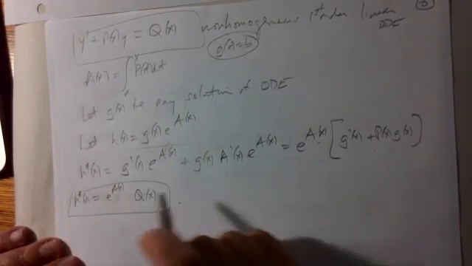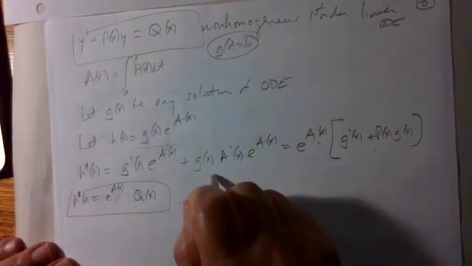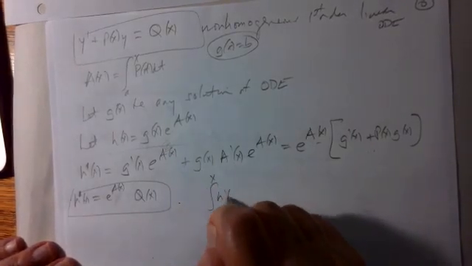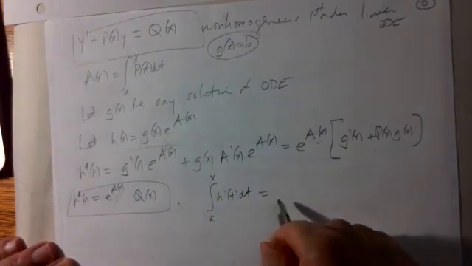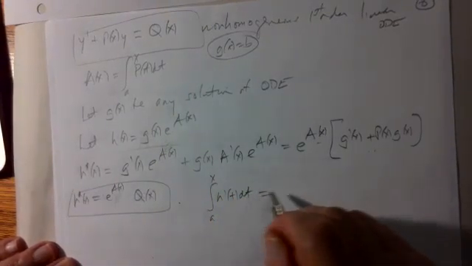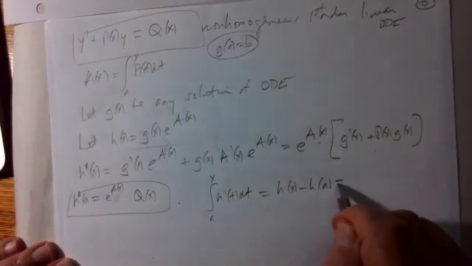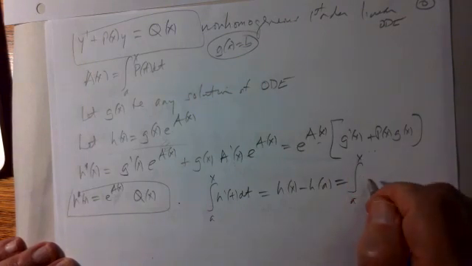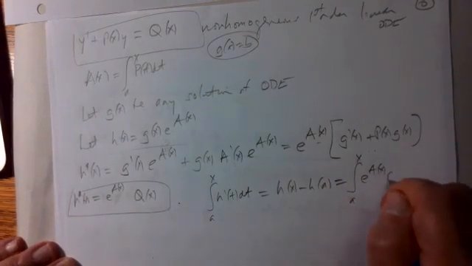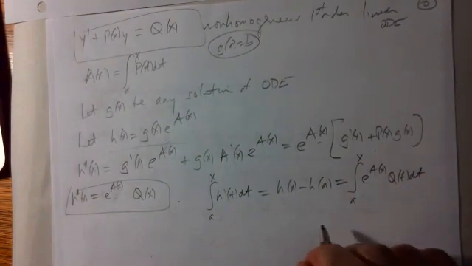So if we integrate from a to x, h prime of t dt, on the one hand, just from the fundamental theorem of calculus, this is h of x minus h of a. And that's equal to the integral from a to x of e to the A of t, q of t dt.